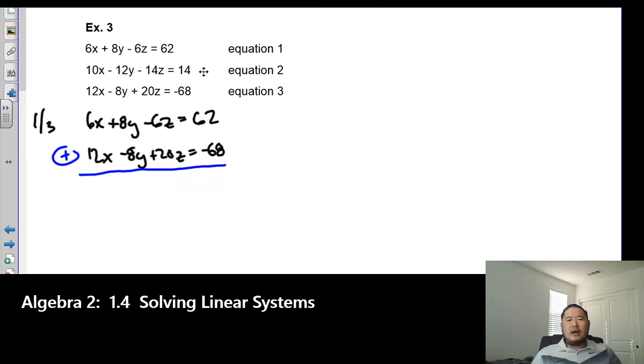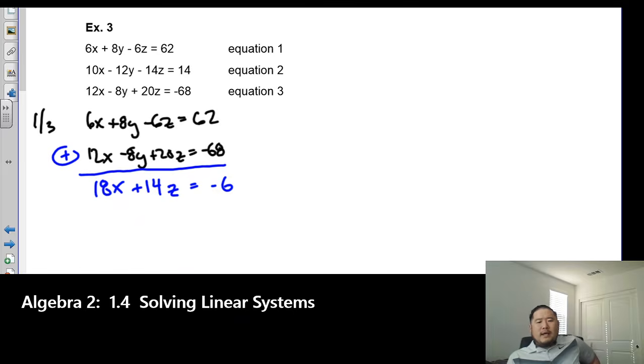So we want to try to be logical, make things as easy as possible. And so 6x plus 12x, that's 18x. The y's cancel out. Negative 6z plus 20z, that'll get us a positive 14z. And that right there is equal to negative 6. So we got rid of the y's.